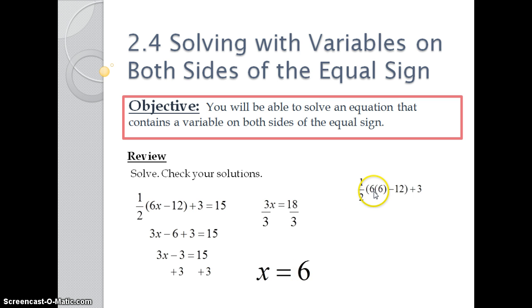So starting with my parentheses, 6 times 6 is 36. 36 minus 12 is 24. 24 times 1/2 is 12. Plus 3 equals 15. So x must equal 6. So that's just a review of solving a multi-step equation like we did yesterday.